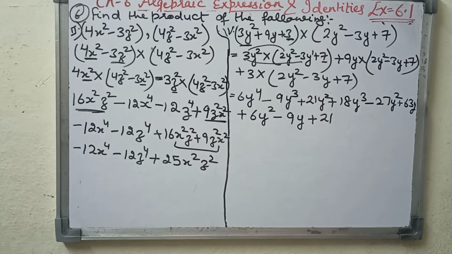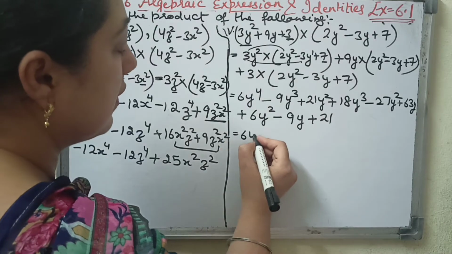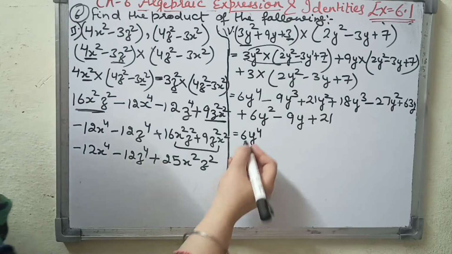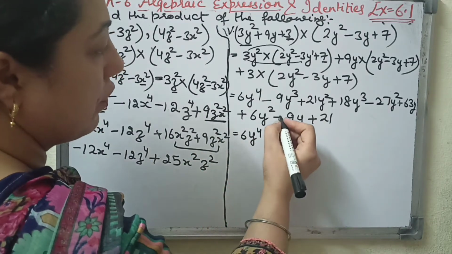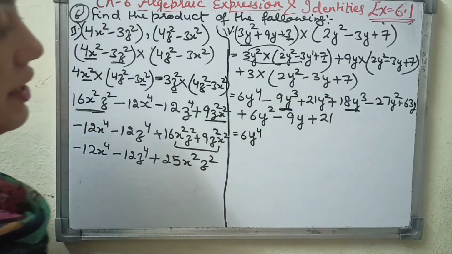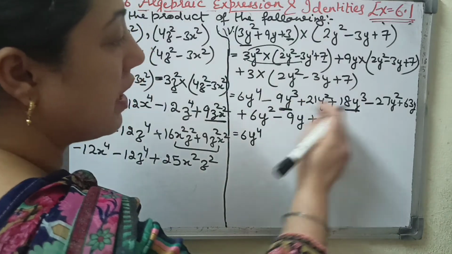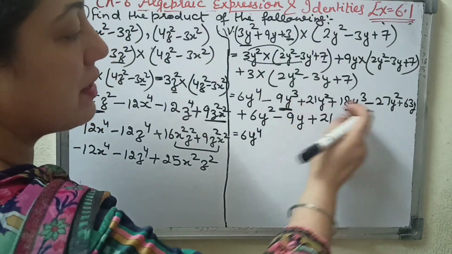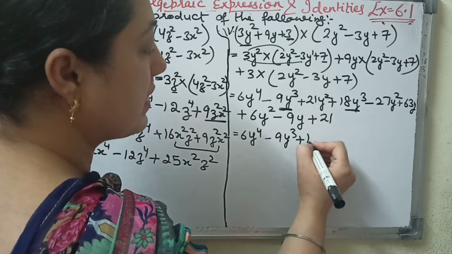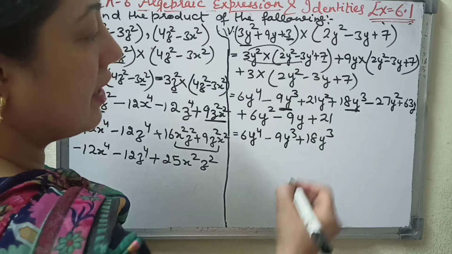Now collect the like terms. Now 6y⁴, write down. No other term of y⁴, so write it as 6y⁴. Now the next term is −9y³, collect it with plus 18y³. These both are like terms because the powers of the variables are the same, that is −9y³ + 18y³. Now I collect the y² terms.